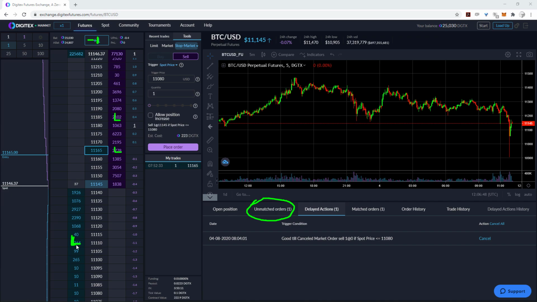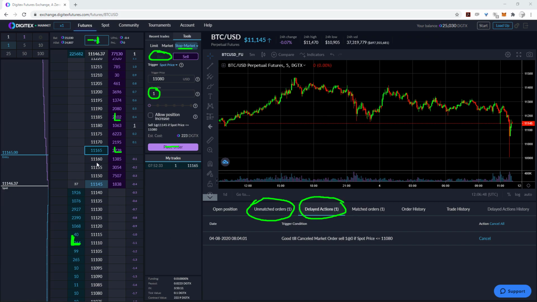for your target limit. So you've been filled short. You need to put up a limit order on the opposite side. In this case, the buy side, buy to close, is going to close that order. And then go into stop market, and you're going to issue a buy stop, which is going to be above the price, same quantity, execute that, and then this will show up under delayed action orders.